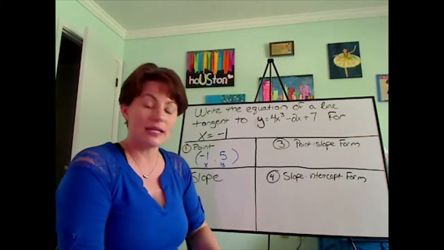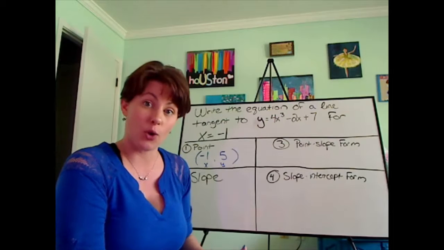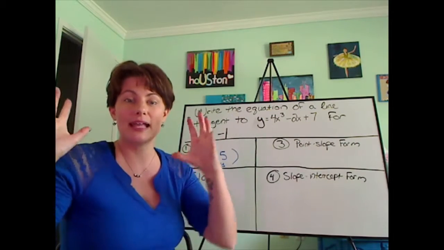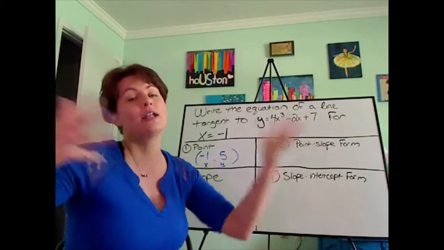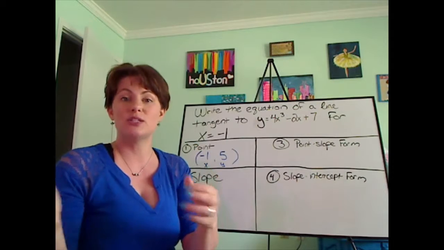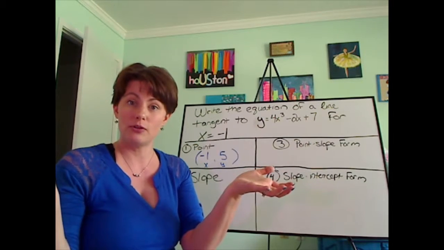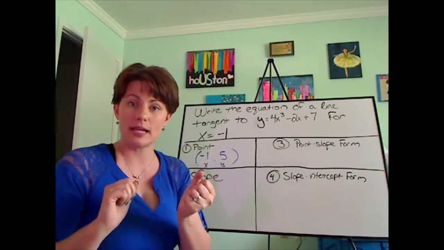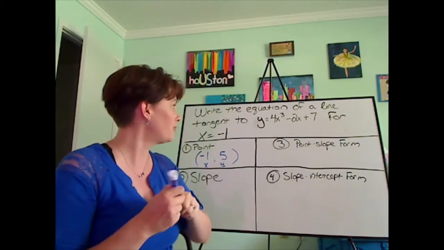So the next step is to figure out the slope. And did you know that in calculus, a slope and a derivative are kind of synonyms? So really what we need to do is find out the derivative for this polynomial when x is -1. So first we'll find the derivative.